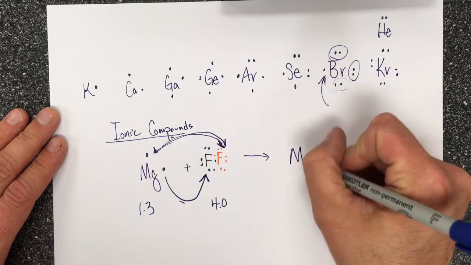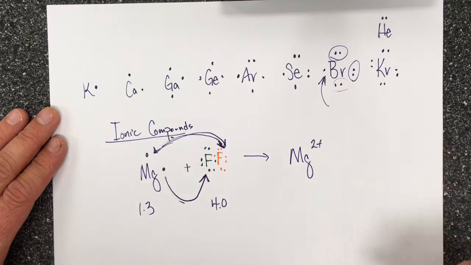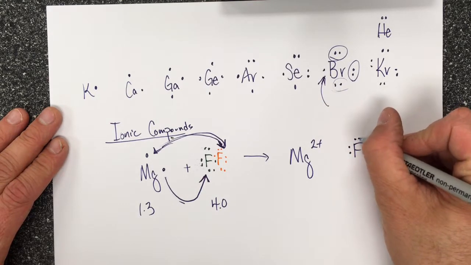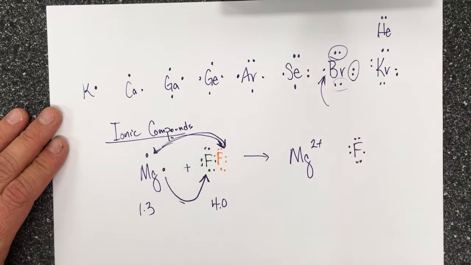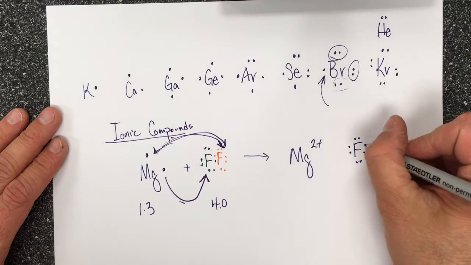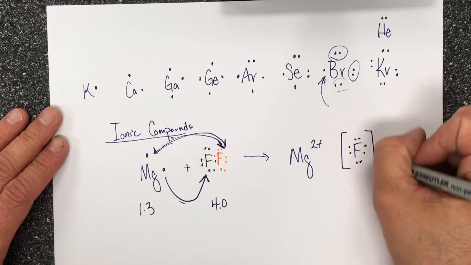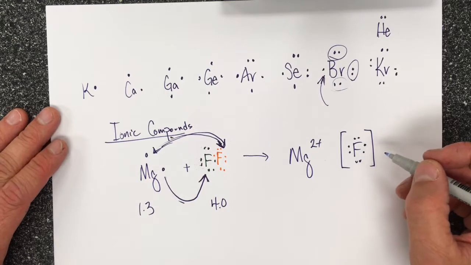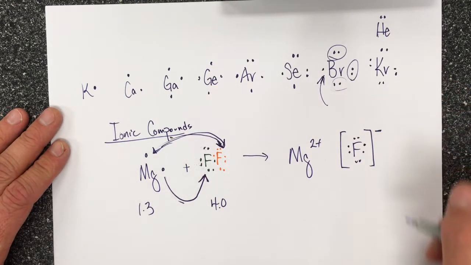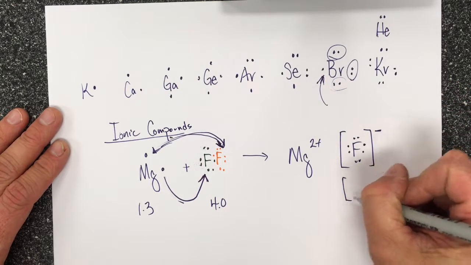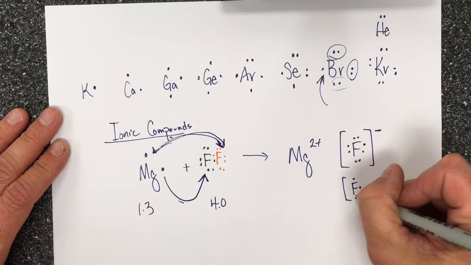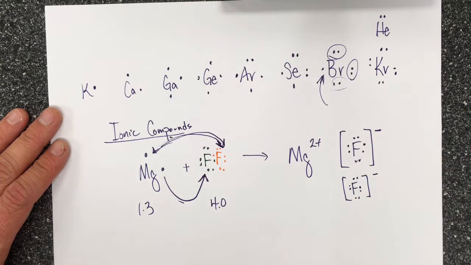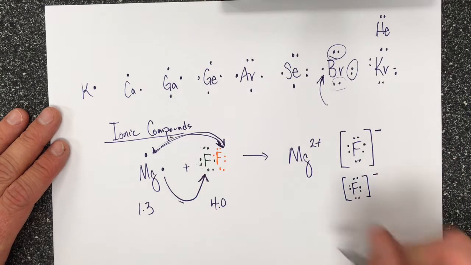And what happens is your magnesium becomes a magnesium ion, and you have a fluoride ion that has 1 valence electron from the magnesium. And so now it's got a full octet. It's much more stable, like a noble gas, but now it's got a -1 charge. And you'll get another fluoride that's taken its electron also from the same magnesium, and it has a -1 charge as well.